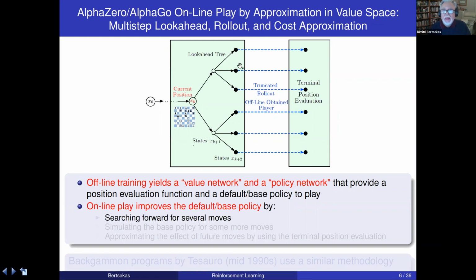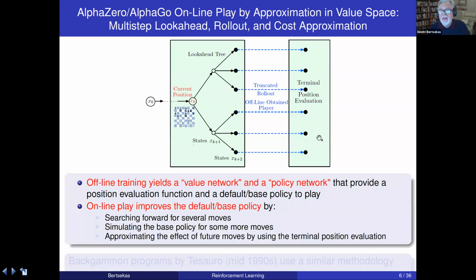We look at the end positions at the leaves of that tree, and then we go forward and we simulate the policy network, which we call the base policy or default policy, for some more moves.